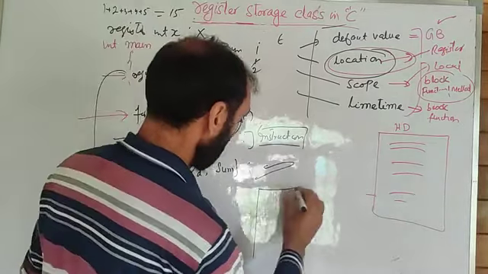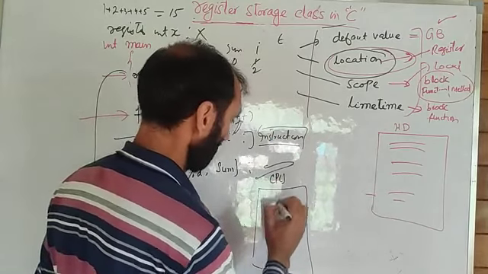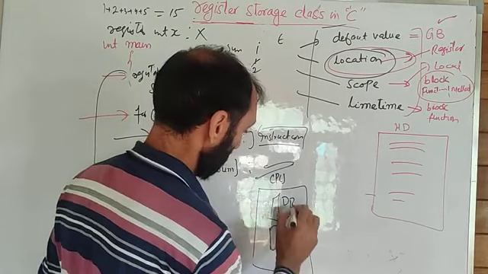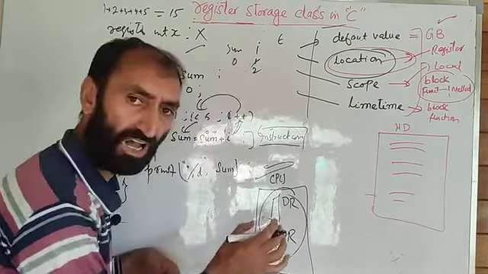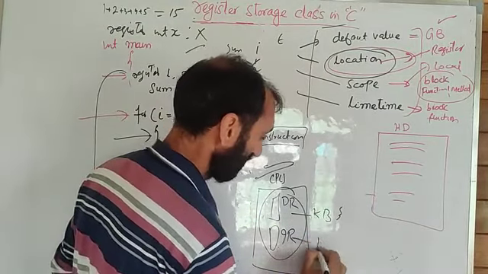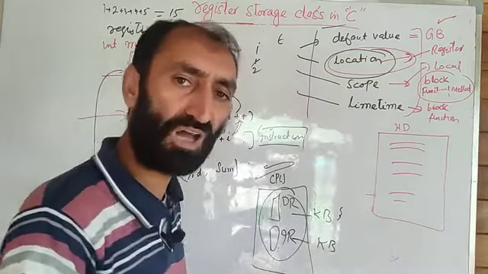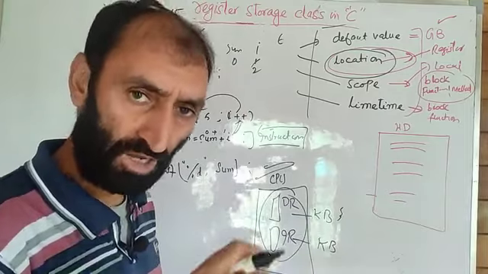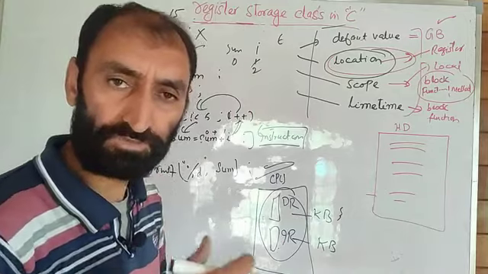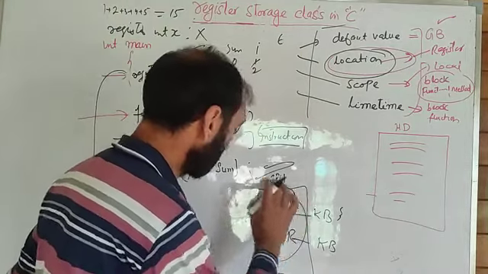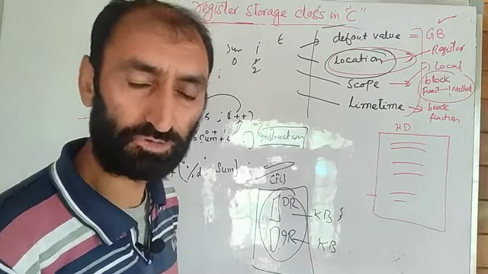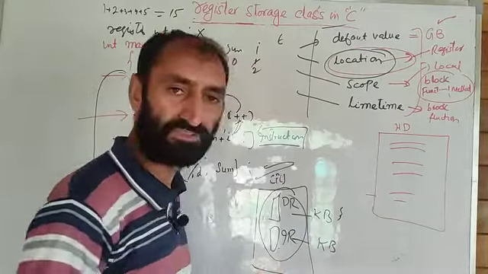Because the registers in the CPU, the data registers and instruction register, are very small in size, even in KBs, kilobytes. If we store all the variables in these registers, then we will fall short of memory. So we cannot store all the variables in these CPU registers.